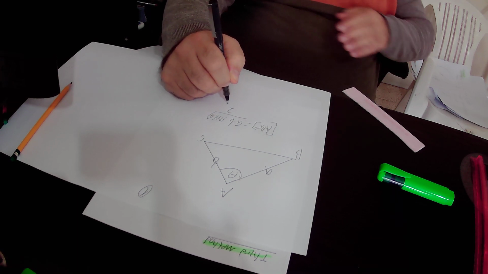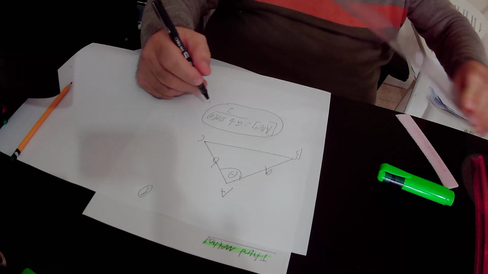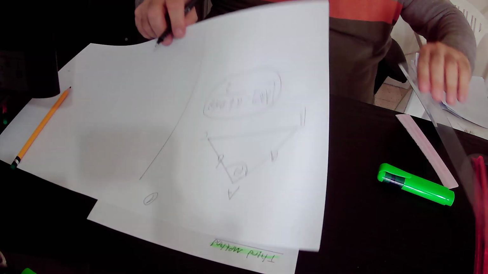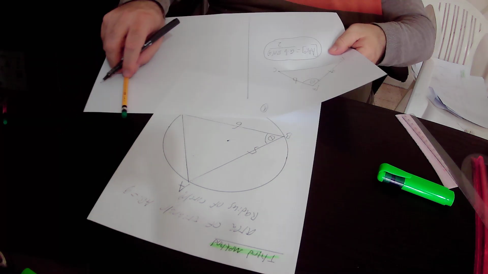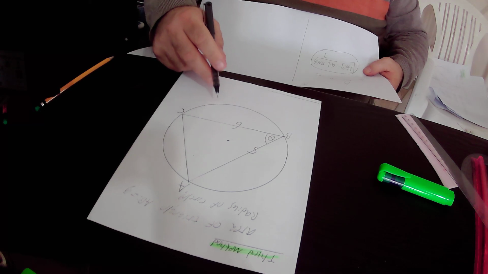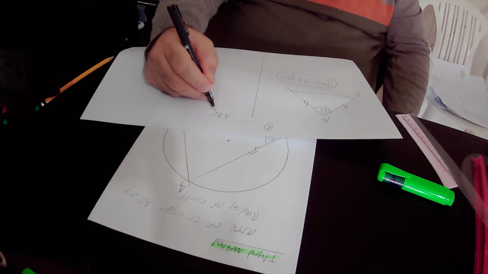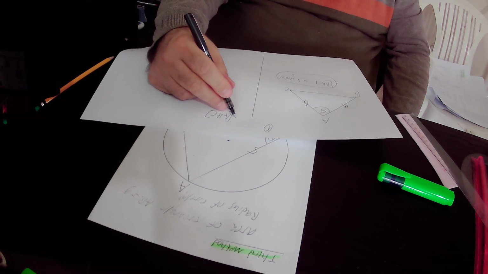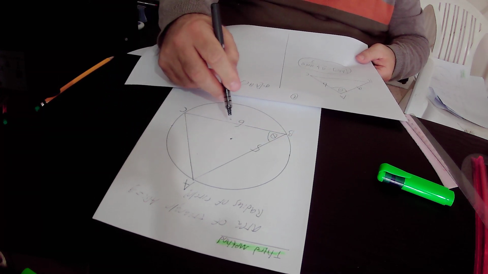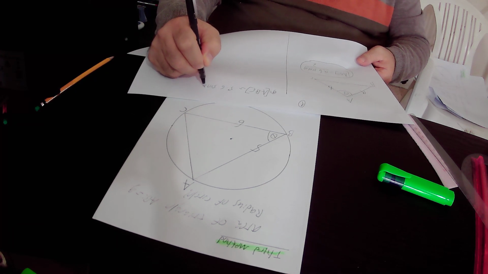Okay, we'll use this formula in order to find out here the value of sine theta in this triangle. So according to this formula, the area of this triangle ABC, we know that the area equals 9 square units, so we can write here 9 equals 5 times 6 times sine theta over 2.